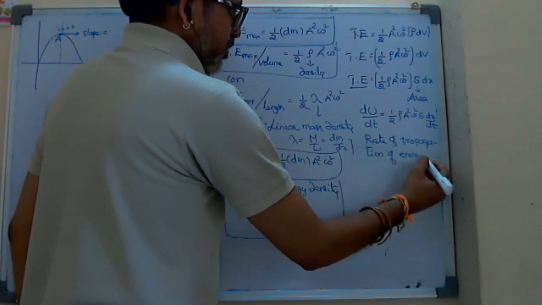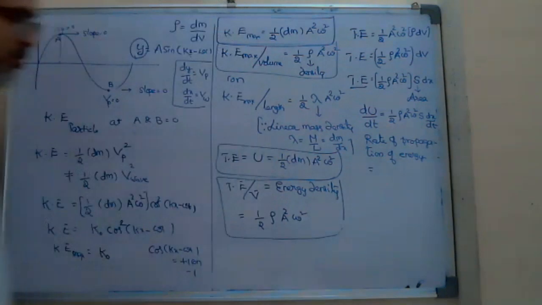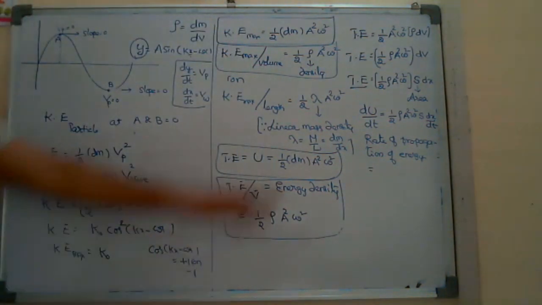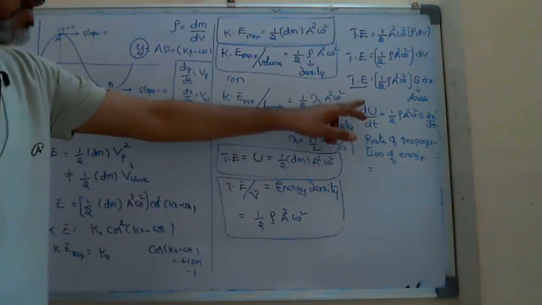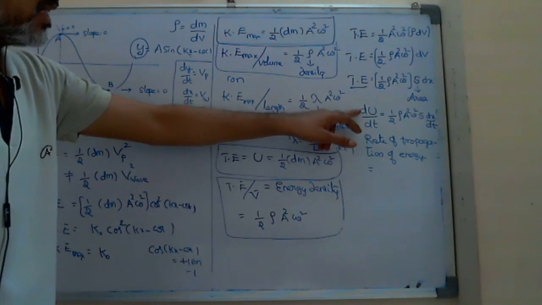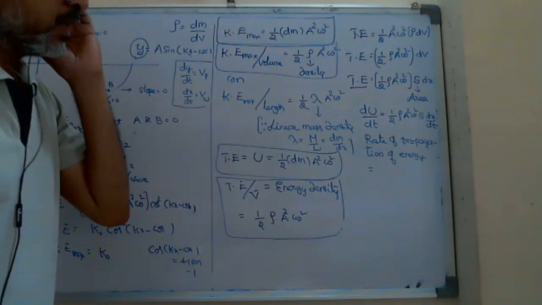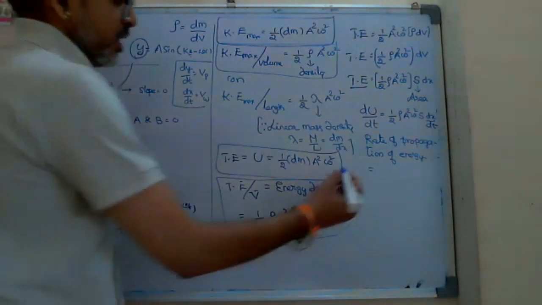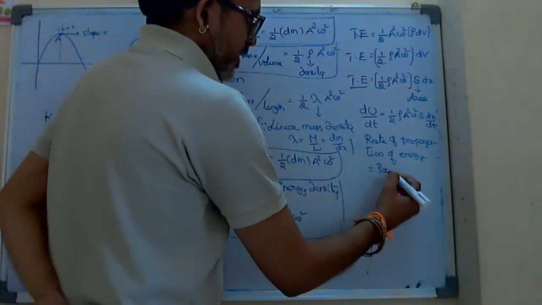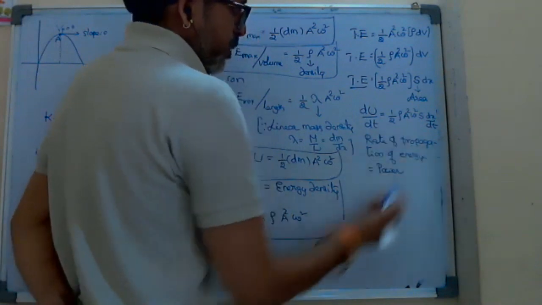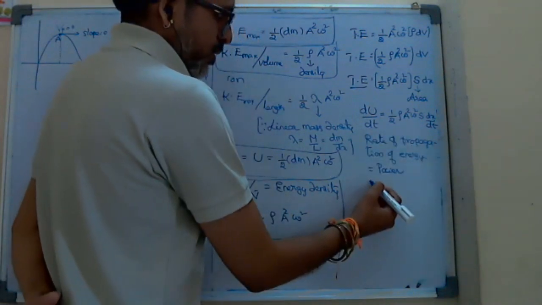Rate of propagation of energy, which is actually, if you link with the first year, energy divided by time, like work divided by time. Energy is nothing but work. Work divided by time gives what? Power. That's why you can call it the power transmission, power propagating through the wave.